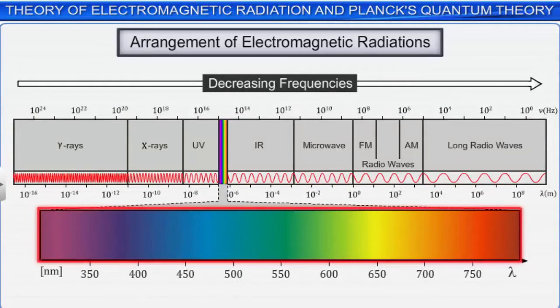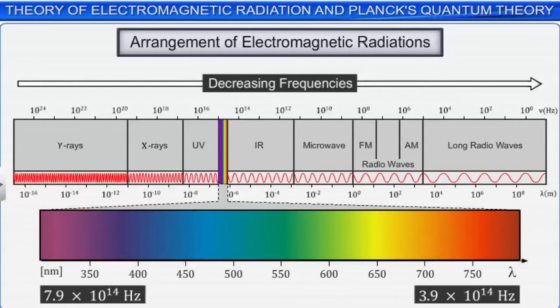The frequency range of the visible region is 3.9 into 10 to the power 14 to 7.9 into 10 to the power 14 hertz.